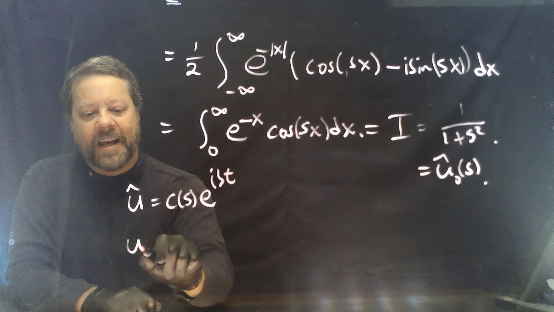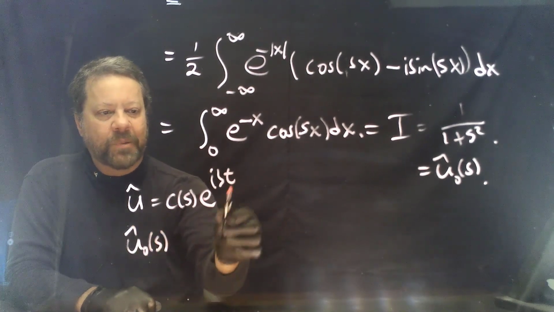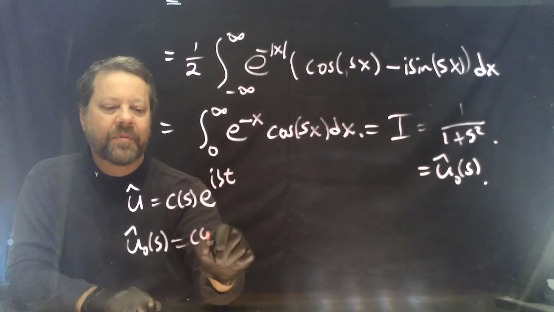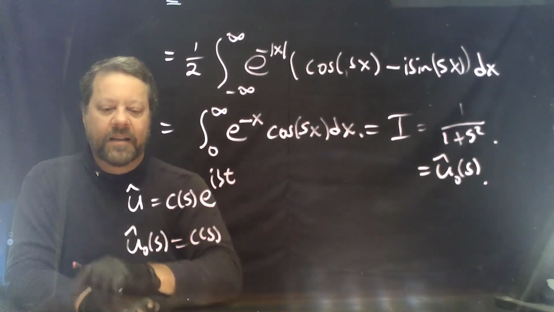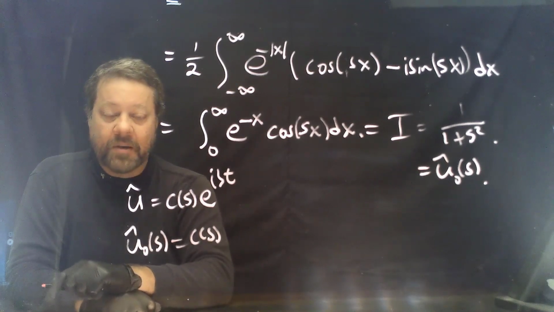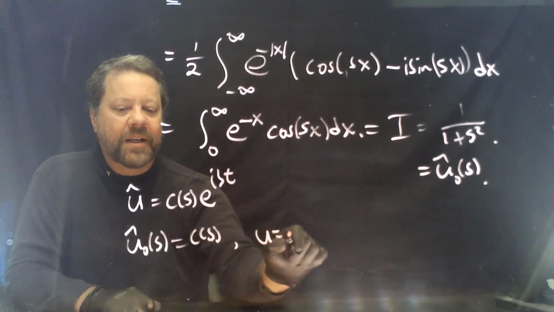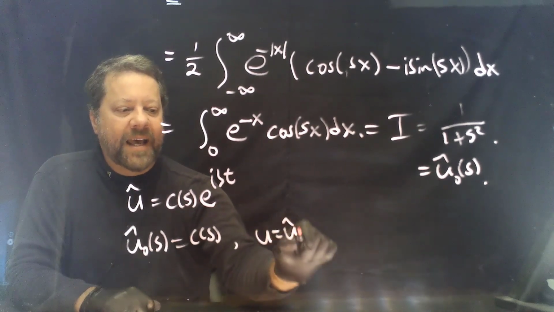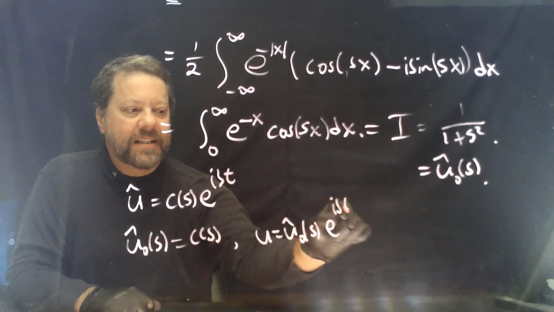But we have to have u hat naught of s be what you get when you plug in t equals 0. So the constant function out front is the initial data with the Fourier transform applied, which implies then that u hat is u hat naught of s e to the ist.